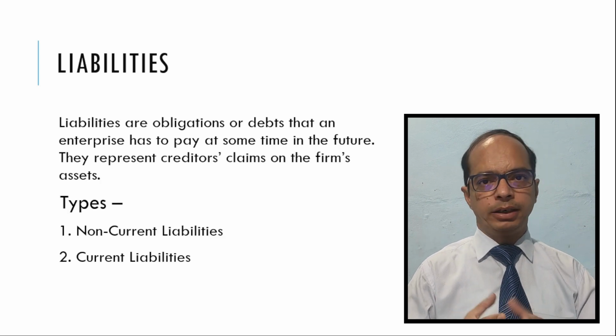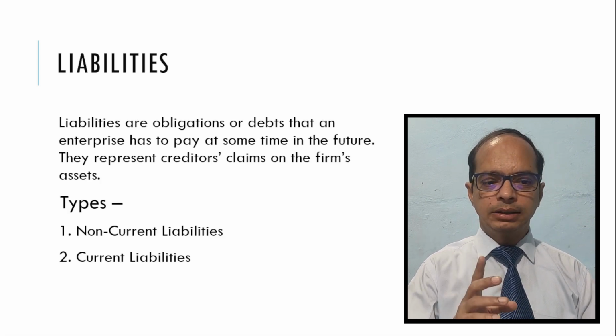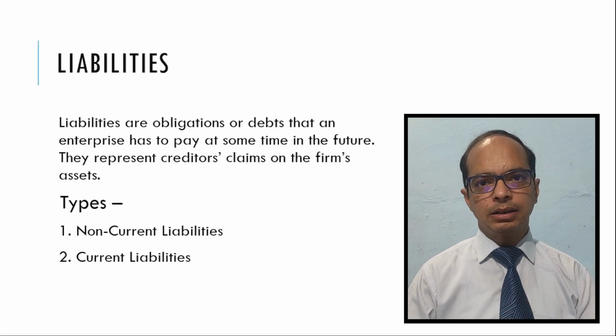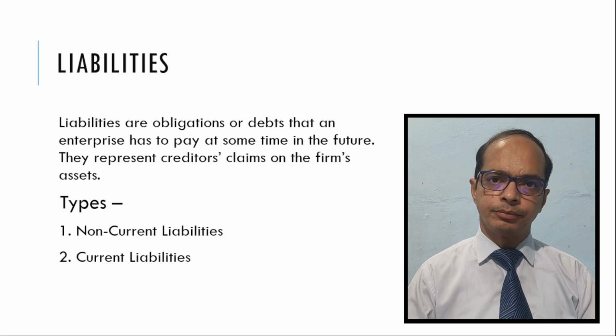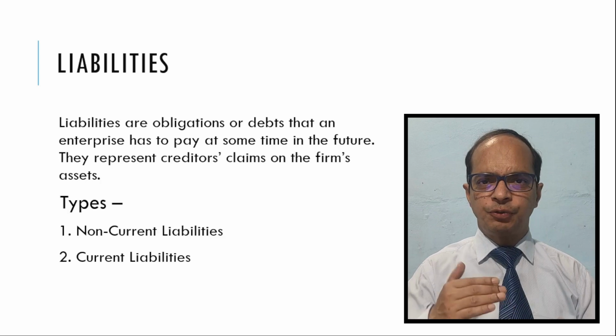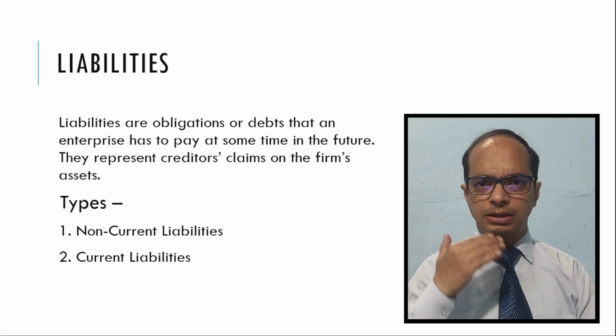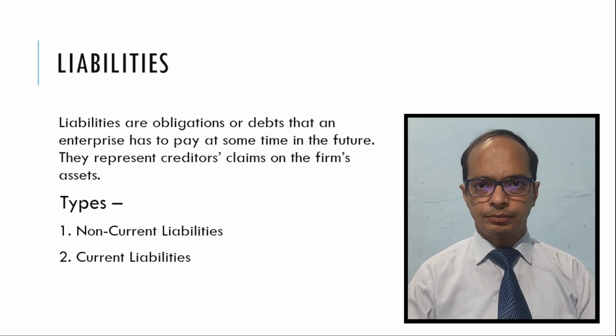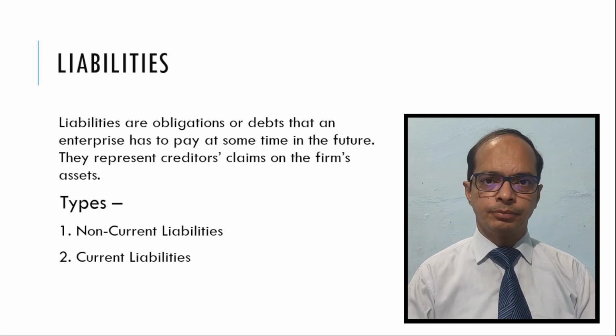Liabilities are also classified into two categories: non-current liabilities and current liabilities. Non-current liabilities means those which are payable after a long time period, say after 1 year. For example, a bank loan.